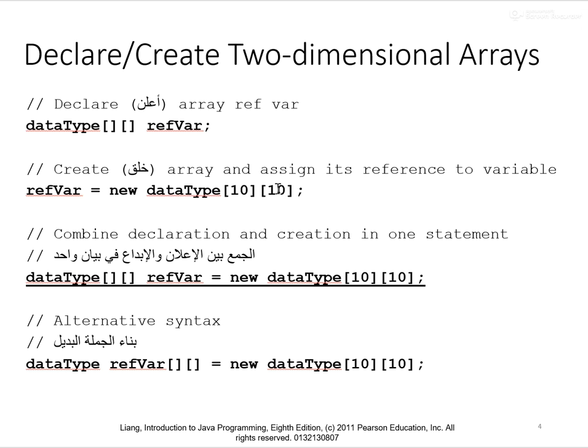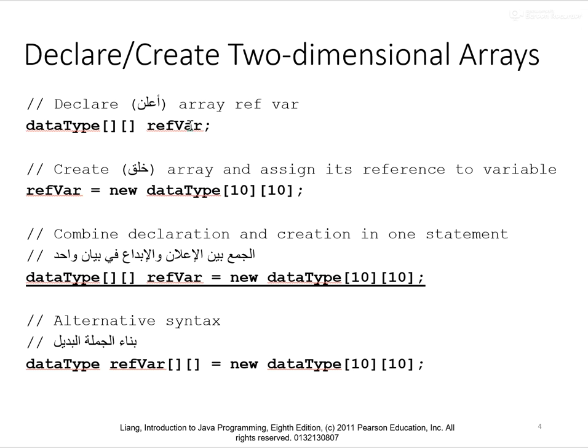We'll see what we mean by that in a minute. But think of it as a table that has 10 rows, and each row has 10 entries or 10 columns. And this newly allocated memory can be accessed by the reference over here, which we already declared in the previous line.